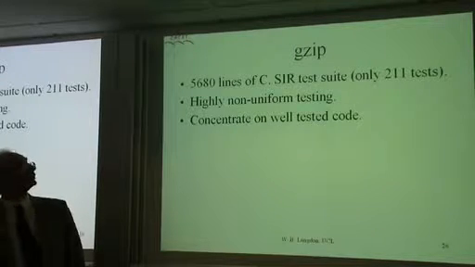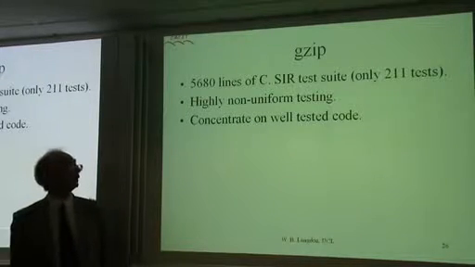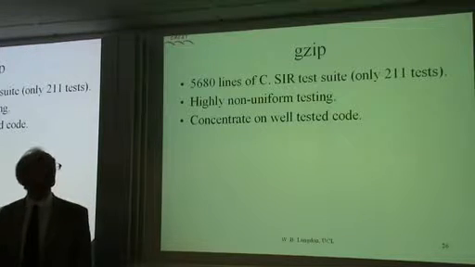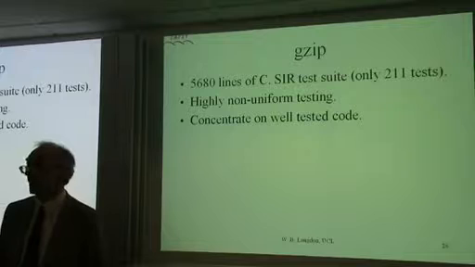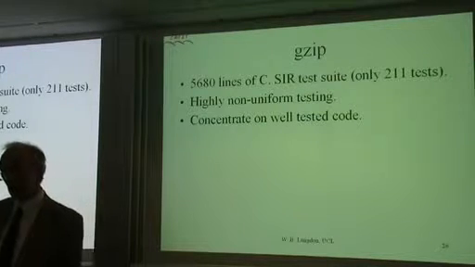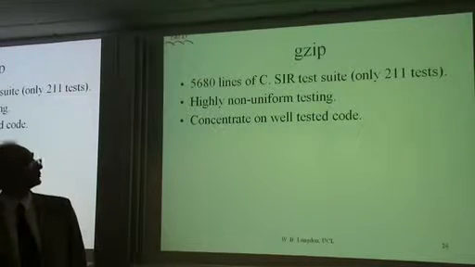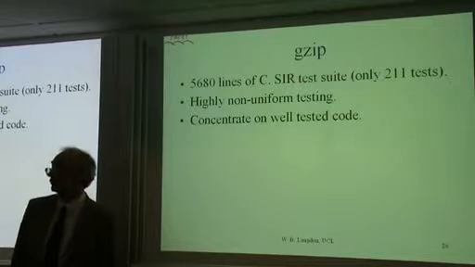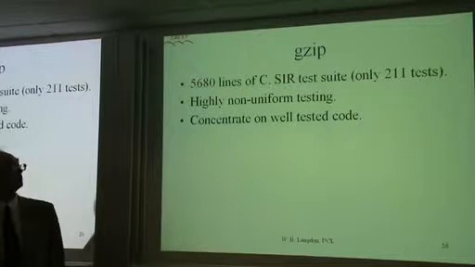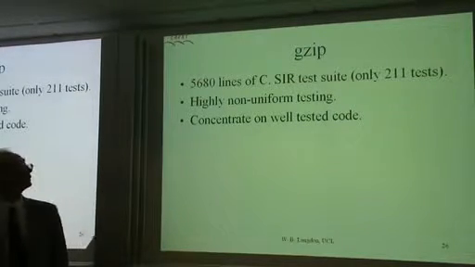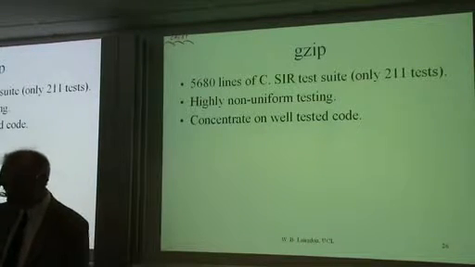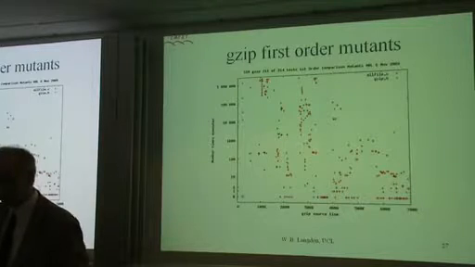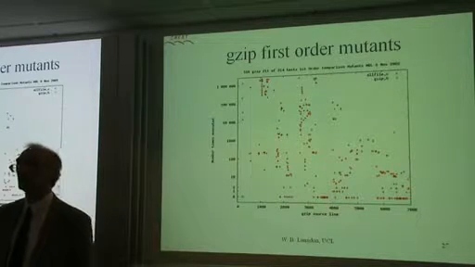So gzip is a fairly old piece of Unix code, about 6,000 lines of C, heavily optimized. But in contrast to the other benchmarks, we have a relatively small test suite, only 200 odd test cases. And that test suite exercises the code very non-uniformly.